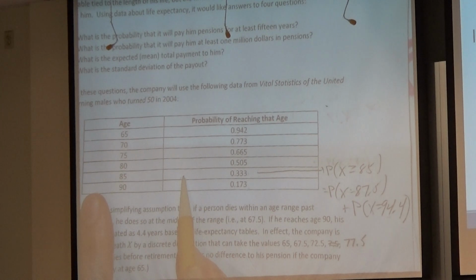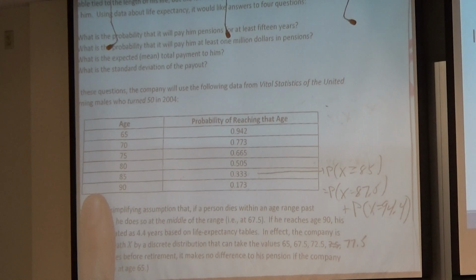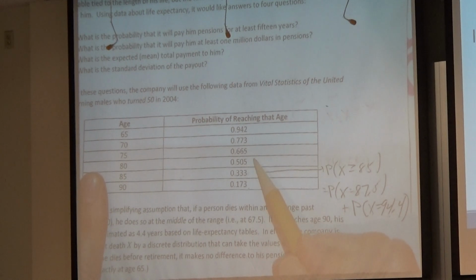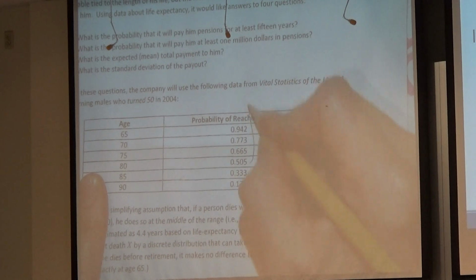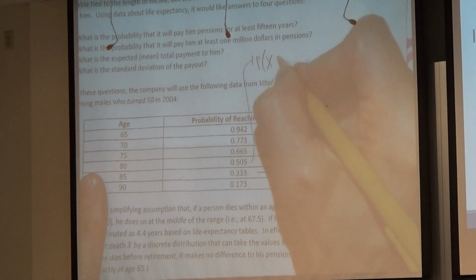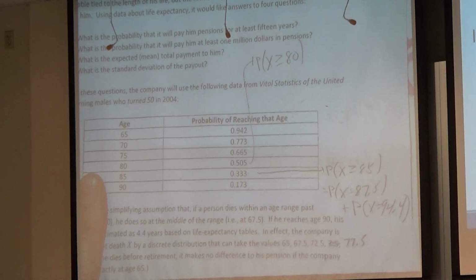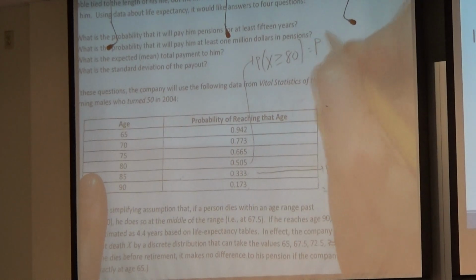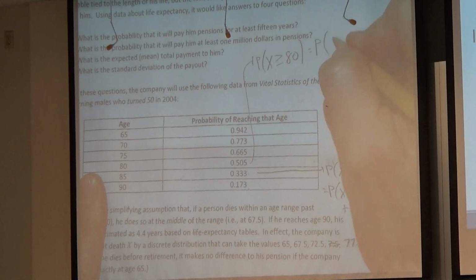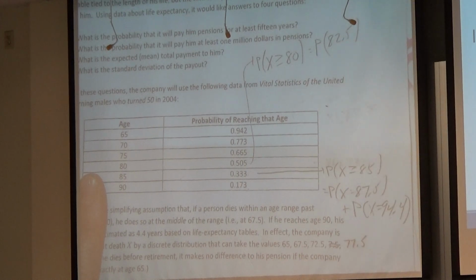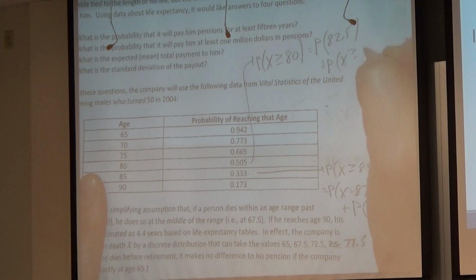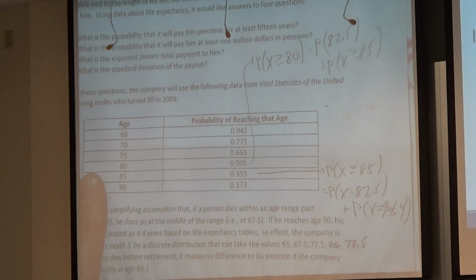Okay, so I see a couple people nodding. So is that good? Okay, and so that same logic applies when I go to the probability I reach age 80. I can think of the probability that I last longer than 80 as the probability that I last to 82.5 plus the probability that I last longer than 85.